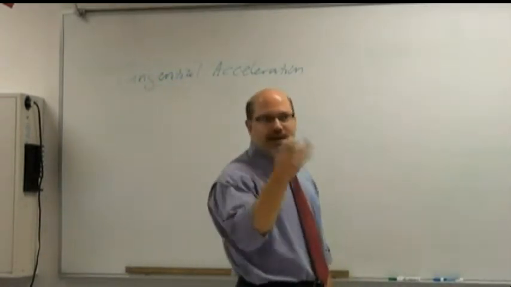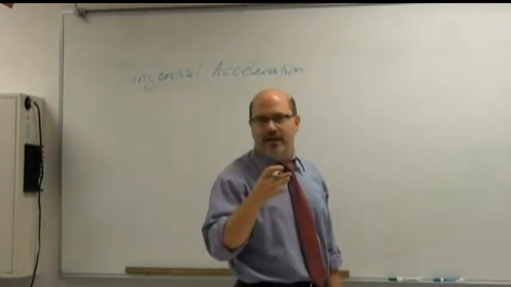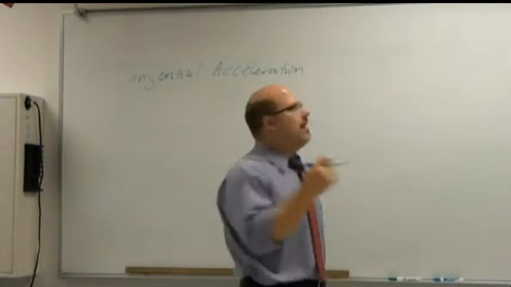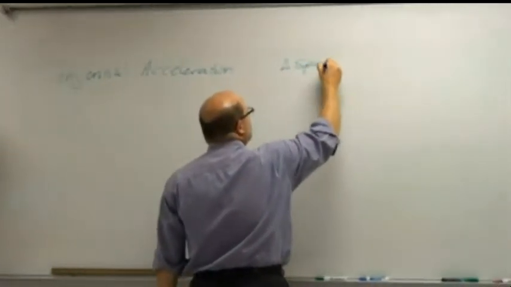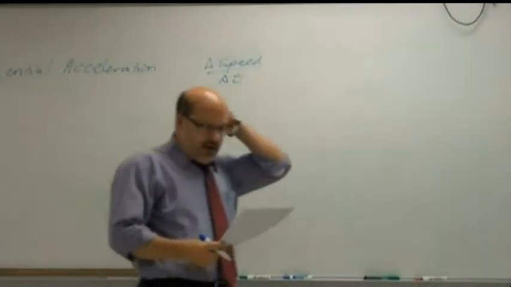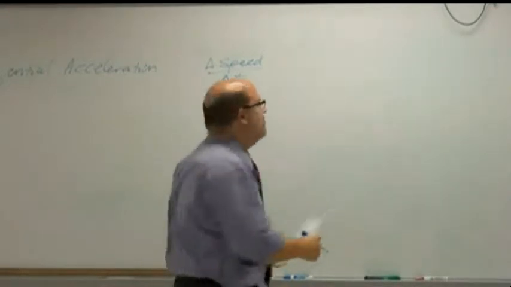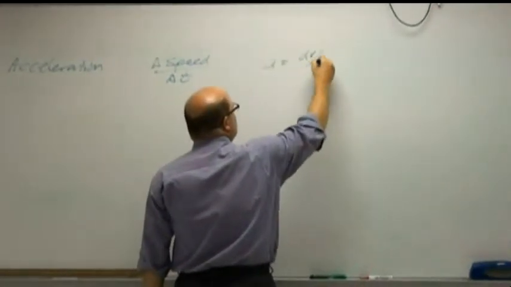It's the speed up or slow down kind of acceleration where you're changing your speed. So change in speed over change in time. We think of this algebraically as acceleration is dv/dt.